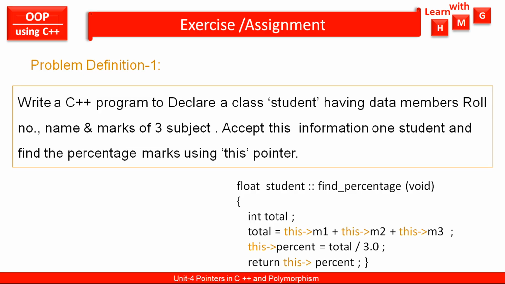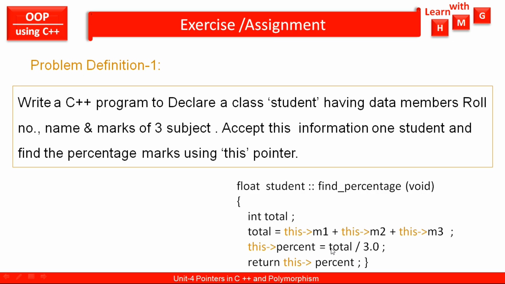This is a hint for you: you have to write the member function find percentage, which does not accept any argument and returns float type of percentage value. One local variable will be required, int total, and the total will be calculated as m1 plus m2 plus m3.